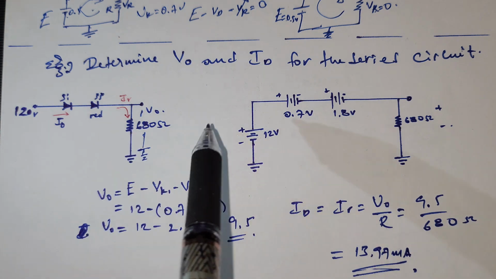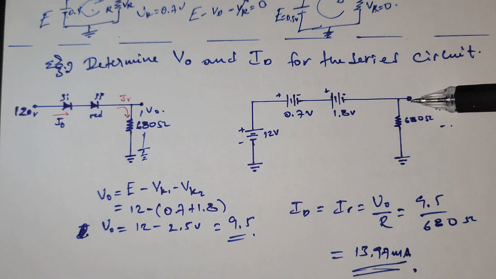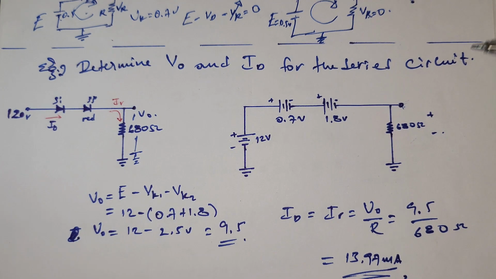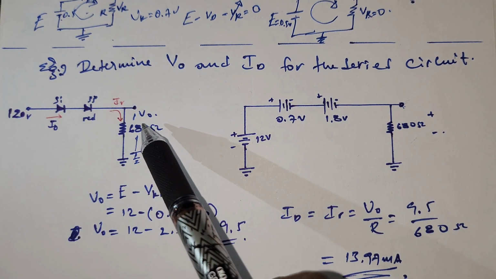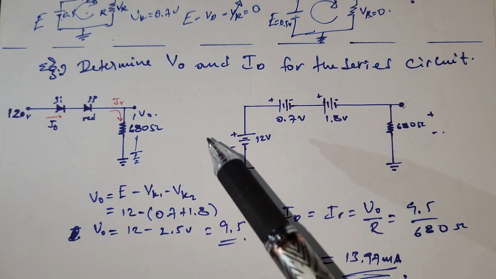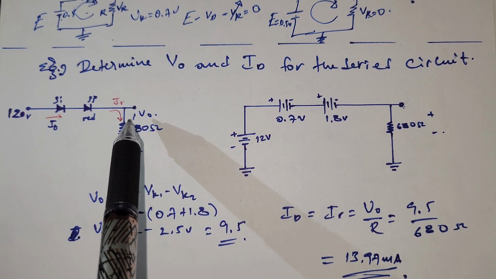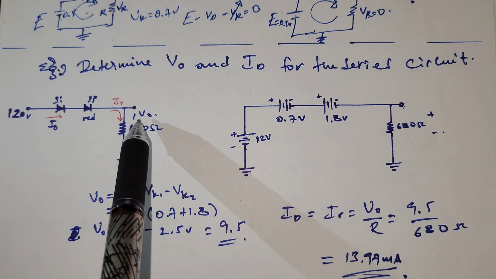The multimeter is put across this resistor to find out the voltage across the V output.